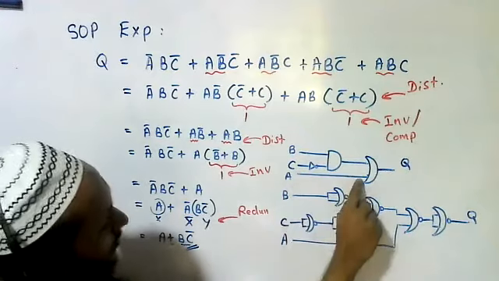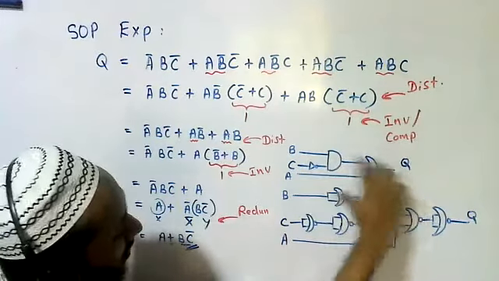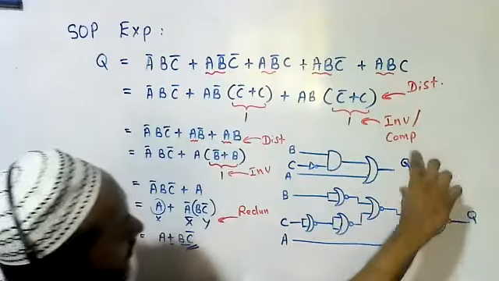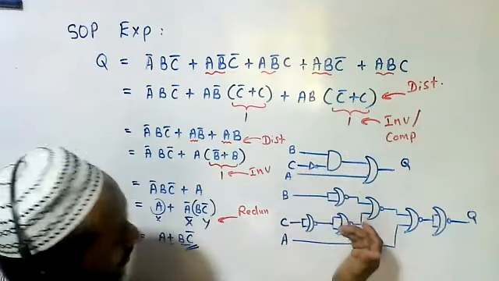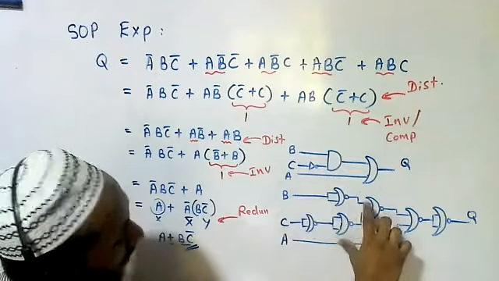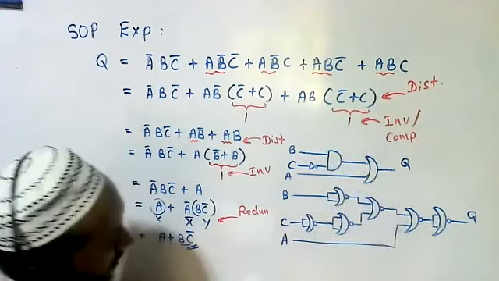And this is the circuit diagram. And we converted that logic circuit into NOT gates. So only using NOT gates, we create this circuit.